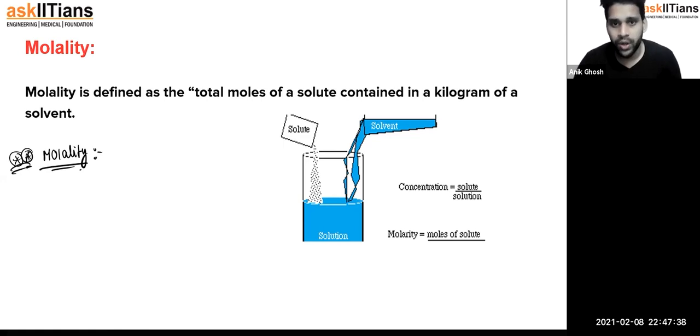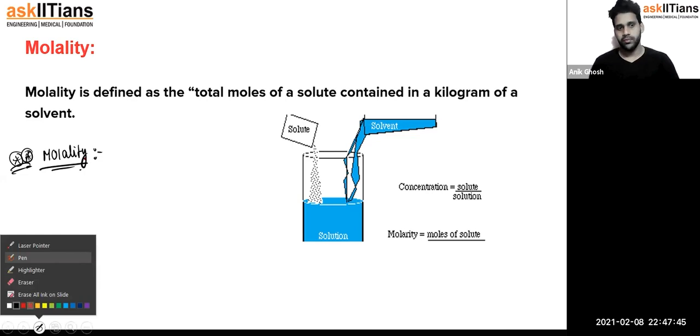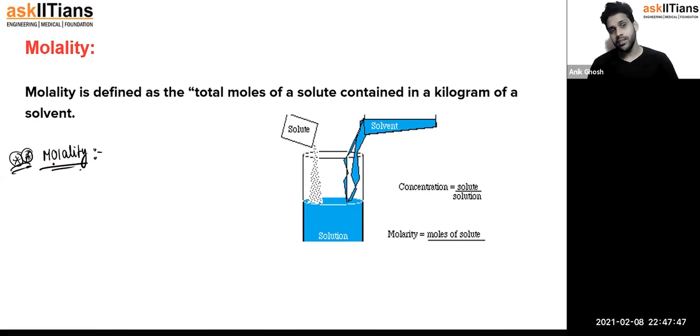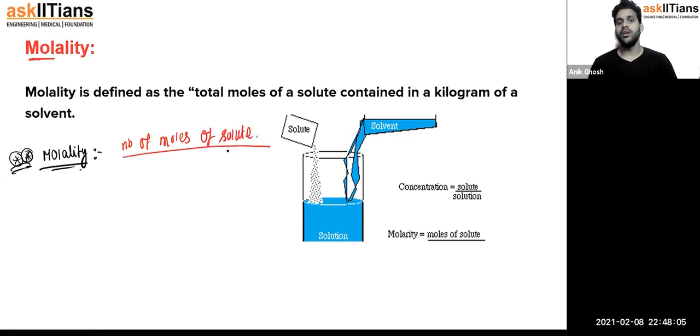Now, what is molality? Molality, again, you can see there is the word mole over here. So just write: number of moles of solute in 1 kg, not 1 liter anymore.